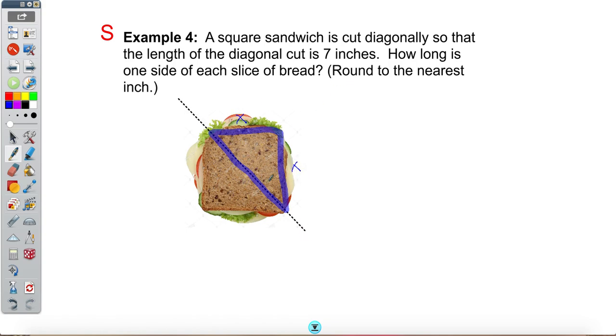And we know that this diagonal line right here is 7. So the big question is going to be, how are we going to find out what the sides are that are the same length?